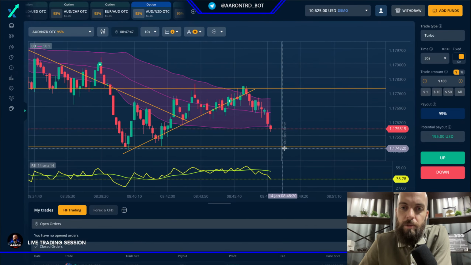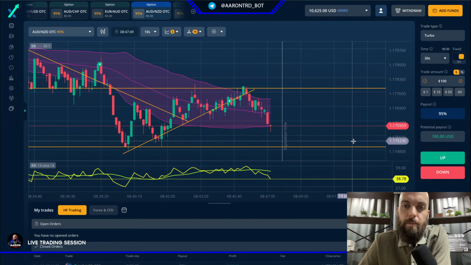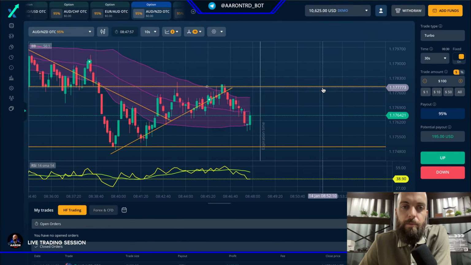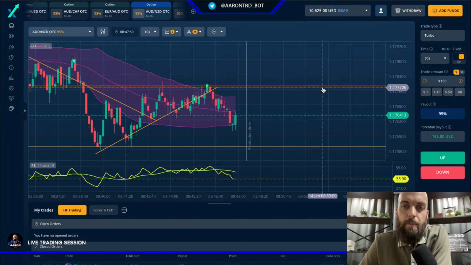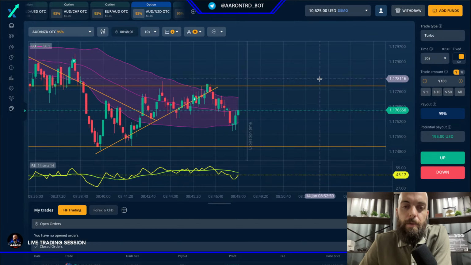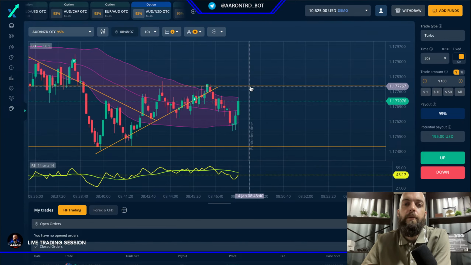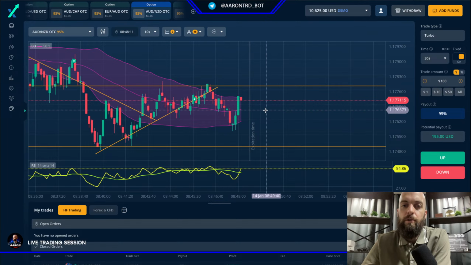Okay, so we're going to reach this line down here. Reapproaching, but you can see the bands are also squeezing.